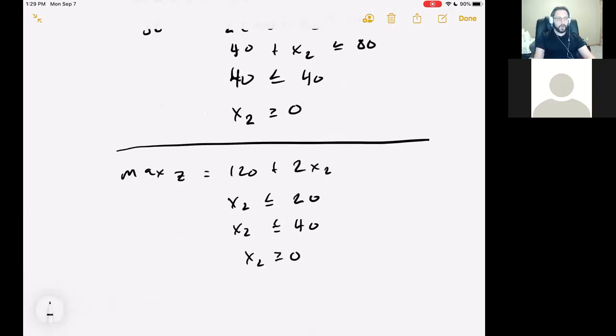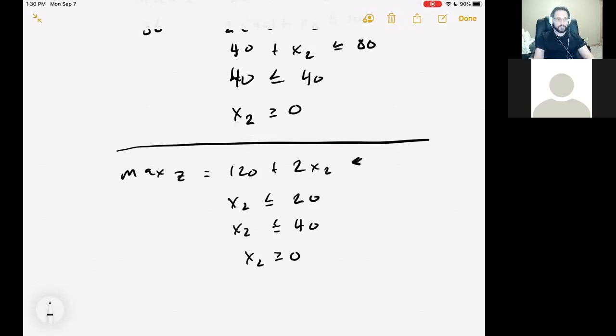By applying all of these restrictions on x1 and simplifying the expression, I now have a simpler LP. Well, now I can take a look at the remaining slopes. The remaining slope is 2.